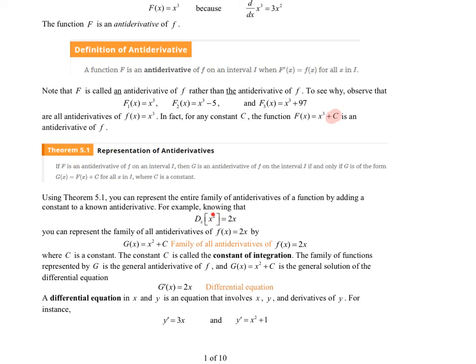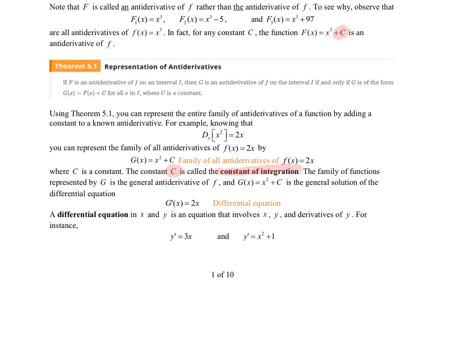So they're saying rather than just finding one parent function, we can find it in general by saying it's x squared plus c. So this is called the constant of integration. That plus c is called the constant of integration. It's the arbitrary constant, and that's how you have to answer all of the questions. So if they just say an indefinite integral, find the antiderivative, every one of your answers, when you get it, you have to include this plus c, the constant of integration.